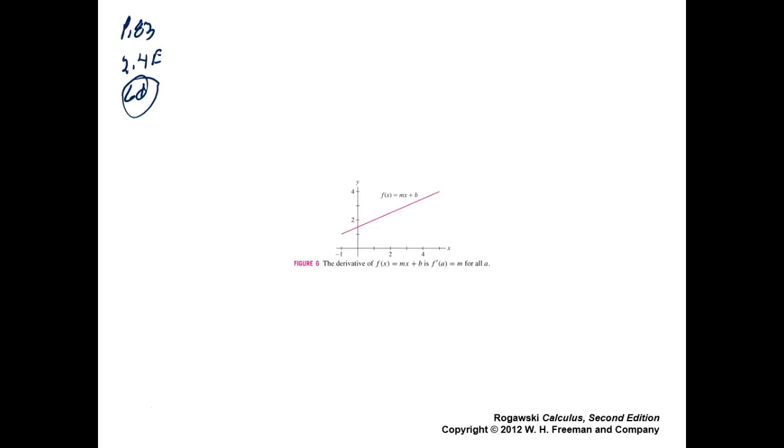Here's number 60. It says, define g of x. It's a piecewise defined function, and that's x plus 3 for all x's less than -1.